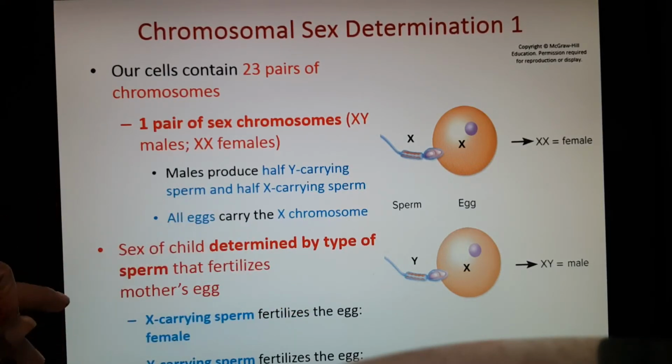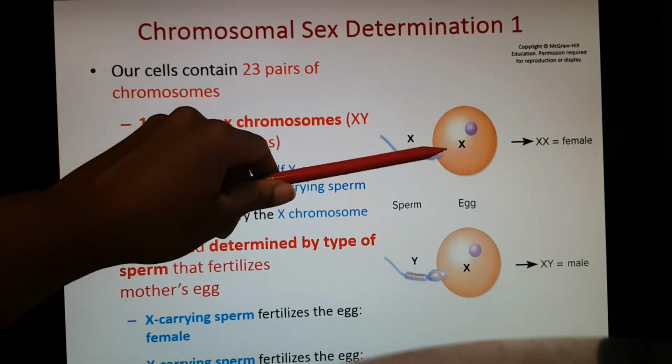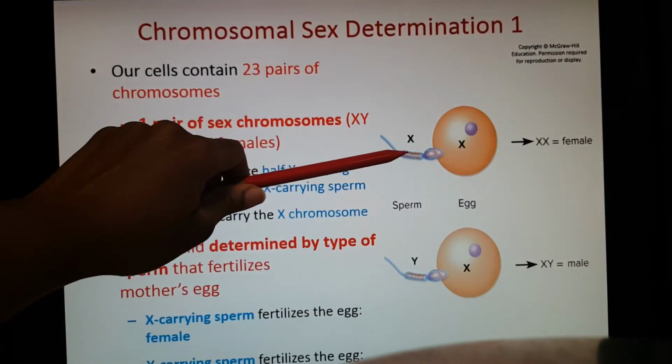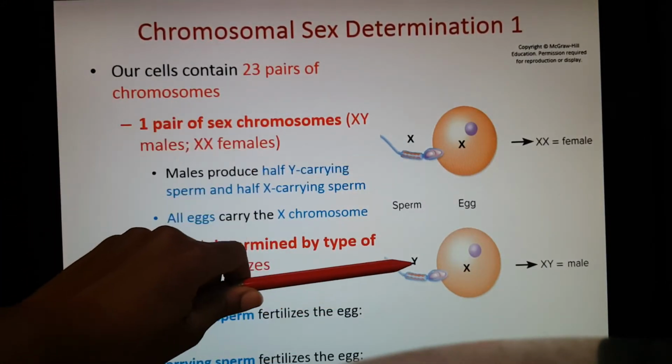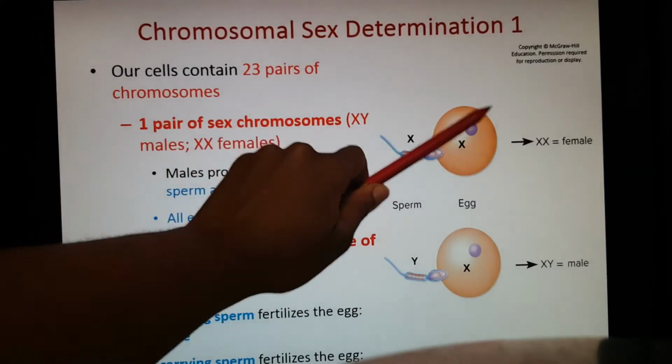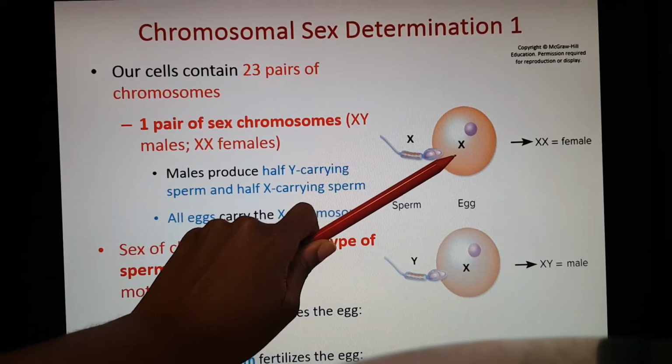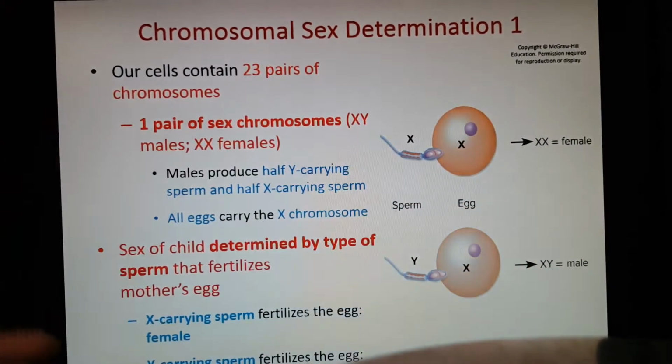So in your gametes, the egg will always have an X chromosome. The sperm have either an X or a Y chromosome. So in this pairing of gametes, you have an X chromosome and an X chromosome, and that will make a double X chromosome female.